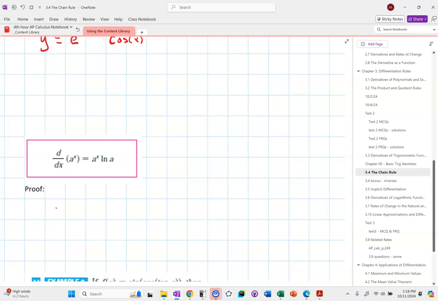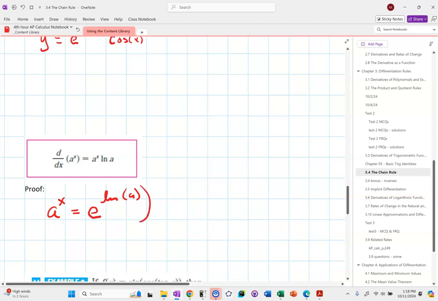So here's the idea. What if I write this like this? What is e to the ln a? That's just a, right?